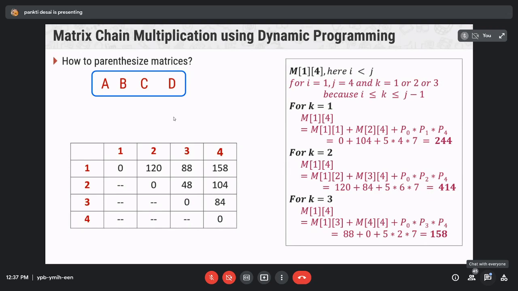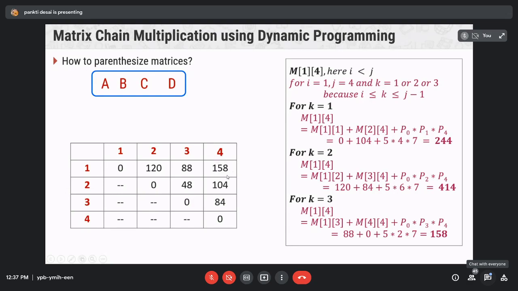Now to parenthesize the matrices, you have to look back at your computation to fill this table. So to fill this table, for M14, starting from M1j, the last value is M14.